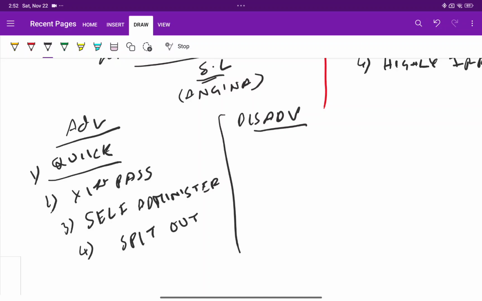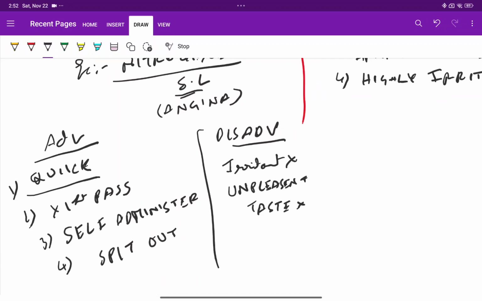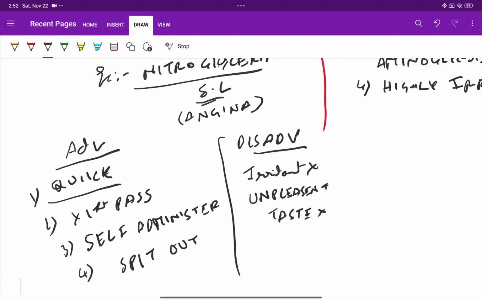And disadvantages of the sublingual route: irritant drugs and drugs with an unpleasant taste cannot be given through the sublingual route. These are the advantages and disadvantages of the sublingual route.